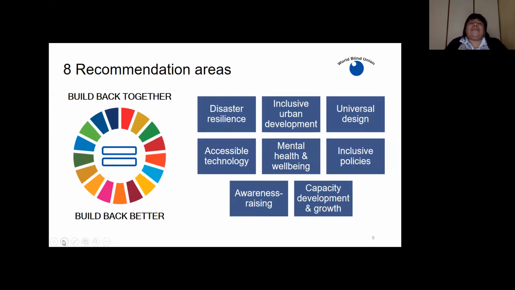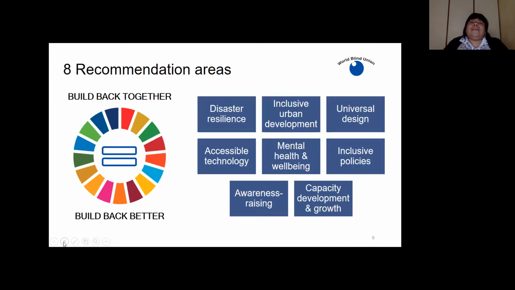Accessibility technology, mental health and well-being, inclusive policies. We need to sit with the government in order to design inclusive policies. We are not going to expect that governments will design these inclusive policies for us. Awareness raising, capacity building, capacity development and group.